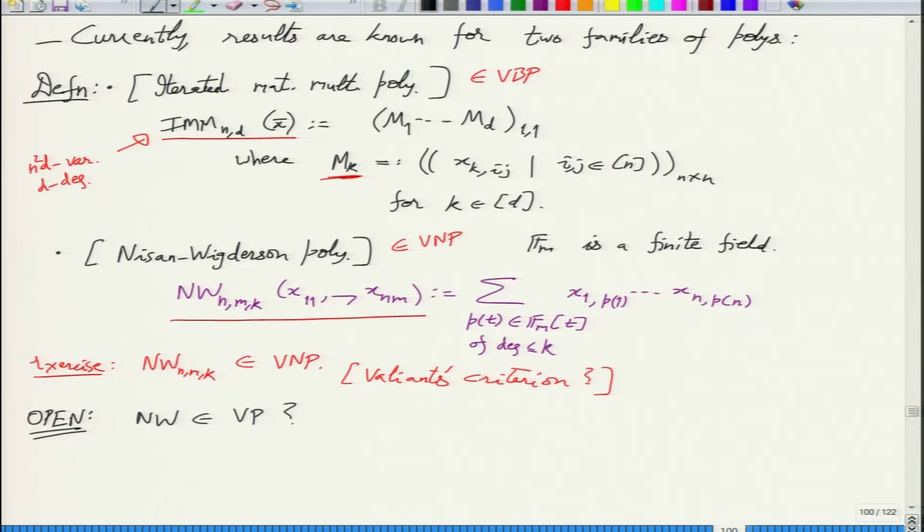Now for the lower bound, you have to really work with the special properties of these polynomials. Those things I am completely skipping. That will take several lectures. At this point you know the techniques, and you can just go and read the proof from Ramprasad's survey.